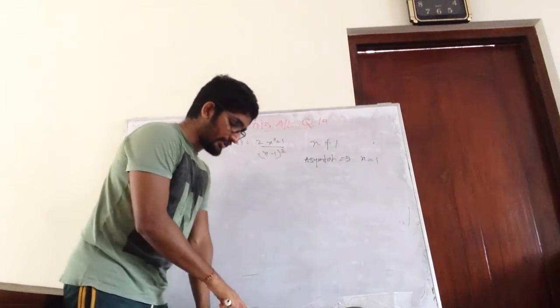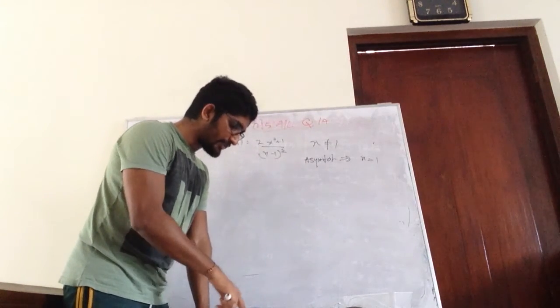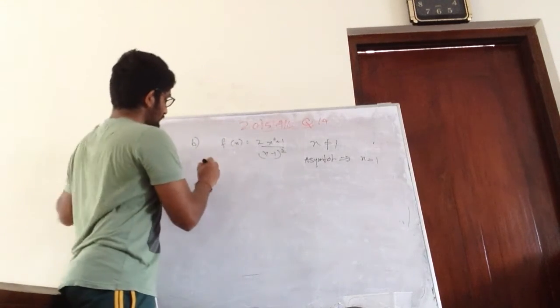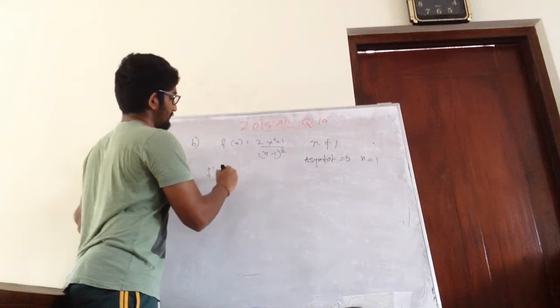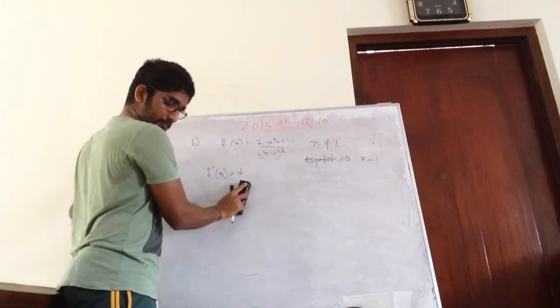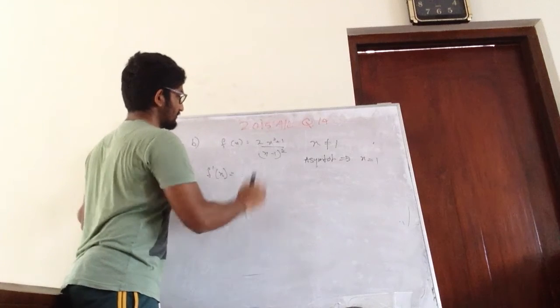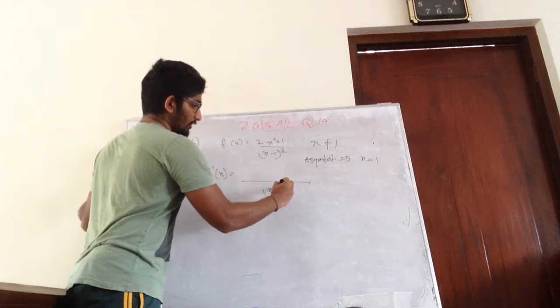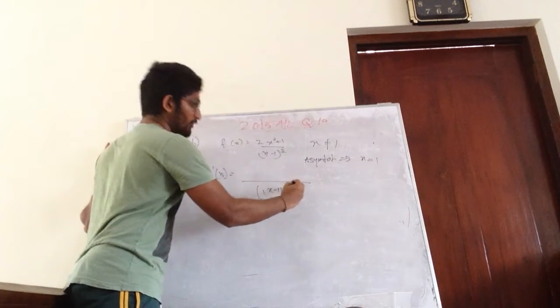Right. So now what do they say? They say find the first derivative and the turning points of f of x. Right. So let's find the first derivative. So that means f dash x, or basically dy over dx, so f dash x. So okay. Here x minus 1 to the power 2.